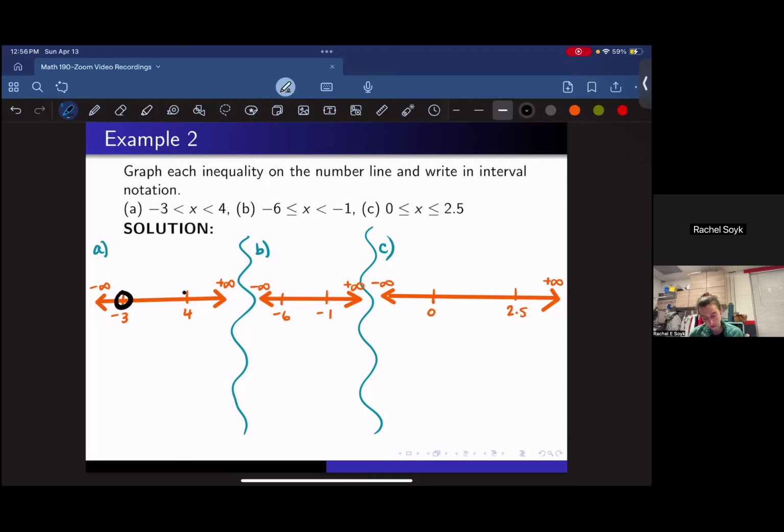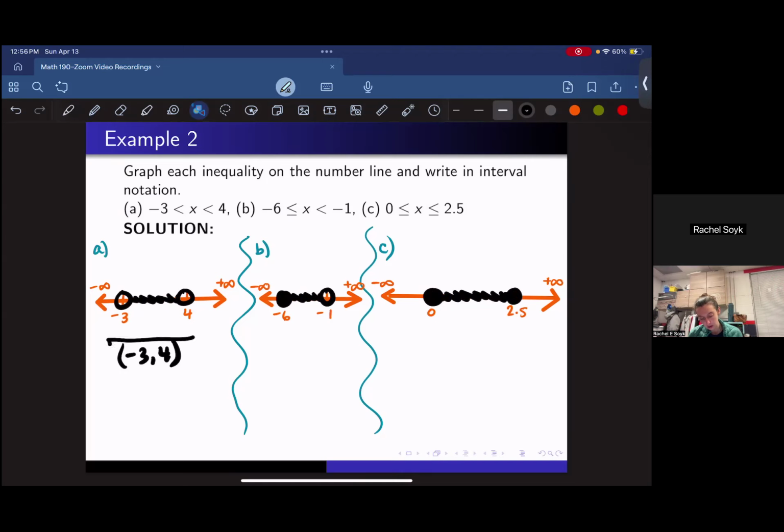So open circle, shade in between. Closed circle, open circle, shade in between. Closed circle, closed circle, and shade in between. Interval notation, we have soft bracket, -3 to 4, soft bracket.